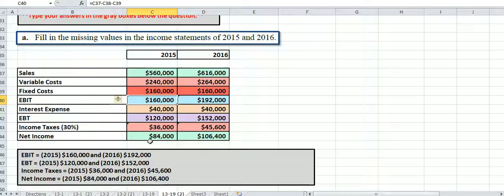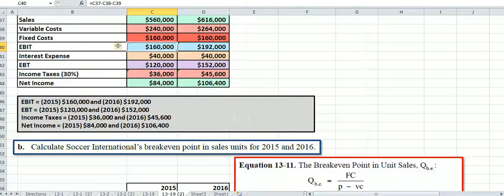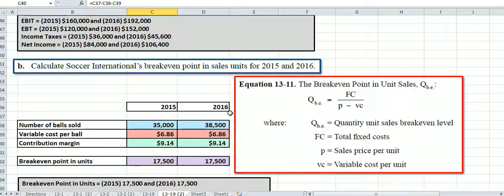And then I've calculated your income taxes and your net income right here. Okay, now since you've done that, a lot of the problem is done, because I put the formulas in that fill all this in for you.